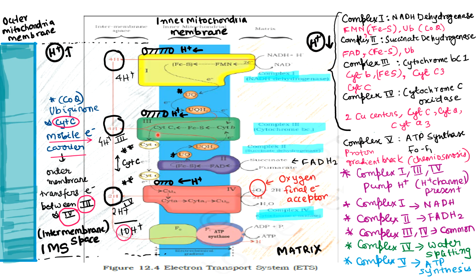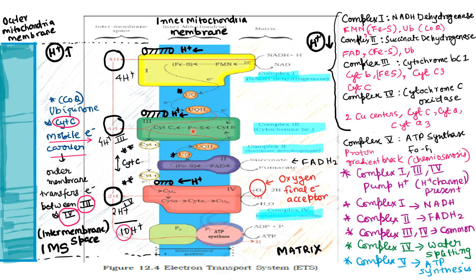Complex 3 gets its electrons from the reduced ubiquinone, and cytochrome B accepts the electrons from ubiquinone, which further gives them to the iron sulfur center and cytochrome C1.